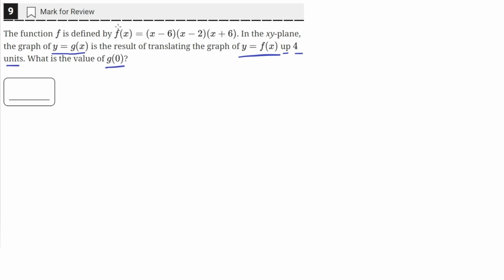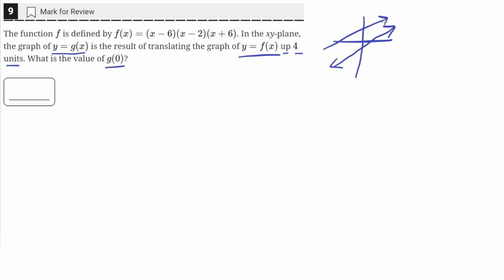So we have this graph or equation f of x, and we have another equation, g of x, that is the graph of f of x but translated up 4 units. So say f of x was some kind of line that looked like this in the xy plane, then g of x would just be the line translated up 4 units.